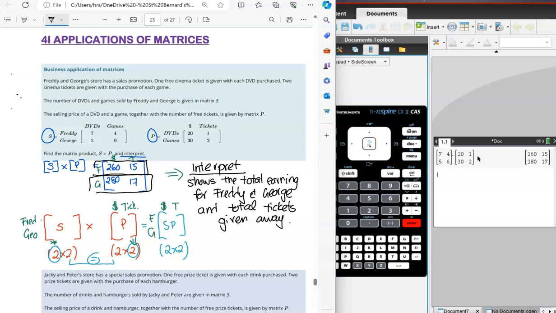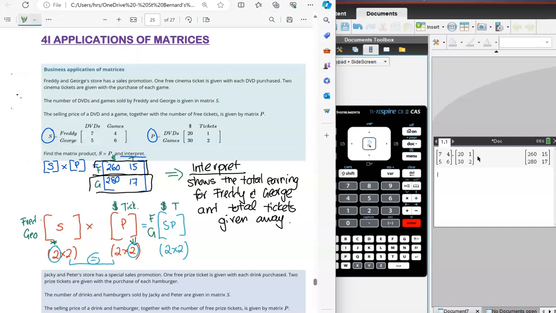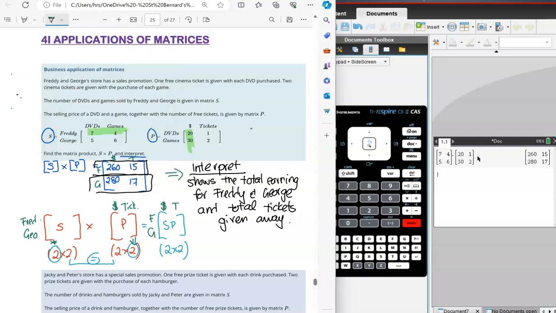Because I knew the first column was to do with money, I'm guessing that's the total money Freddie earned, and the other one is the money George earned. It makes sense because when we manually multiply, we do row by column. So you'd have 7 times 20 plus 4 times 30.